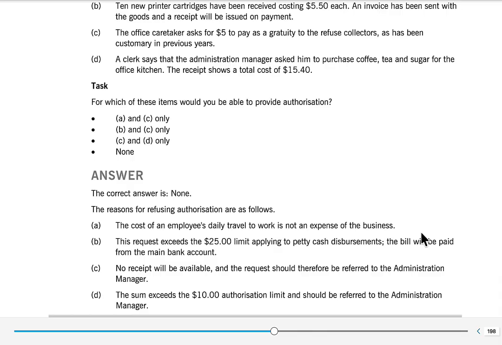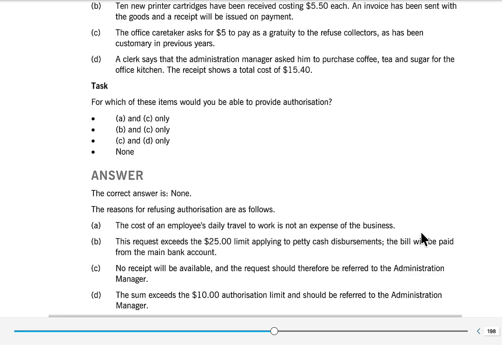B. 10 printer cartridges, $5.50 each, invoice sent with the goods. Now let us calculate the total cost. 10 cartridges times $5.50 each equals $55. So the total is $55. Now check the petty cash limit rule.